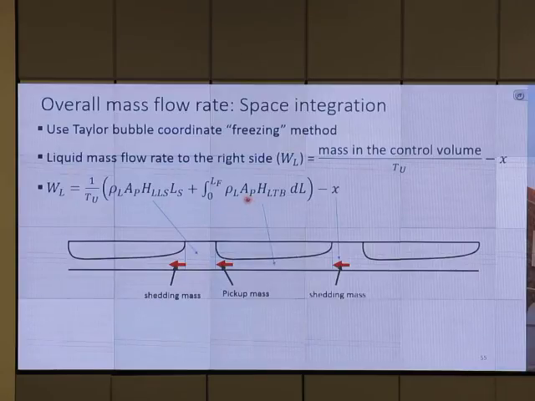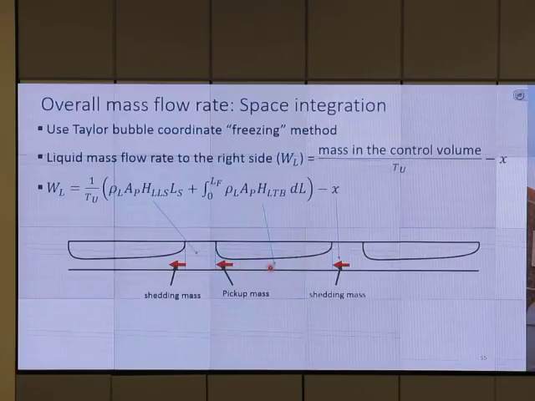The volume is AP, HLTB, this is AL, cross-section area that is liquid, multiplied by dL length, this will give us dV. Okay, d volume. So rho d volume, do the integration, this gives us mass in the film zone.